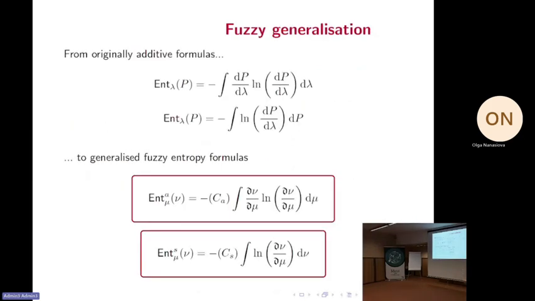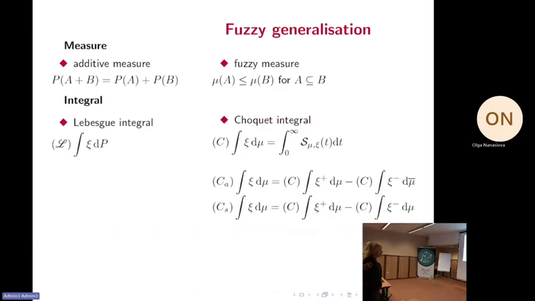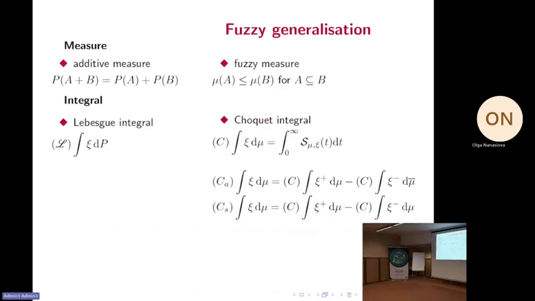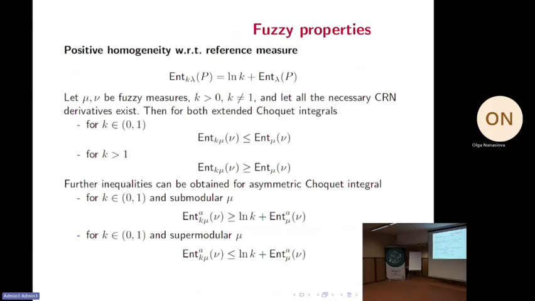As can be seen here, for the negative part of the function you need to assume a dual measure in the case of the asymmetric Choquet integral. This bar is the dual measure. When we need to use the dual measure, the inequality sign will change. This is why there are different inequality signs when taking k in the interval 0 to 1 and bigger than 1. Thank you.